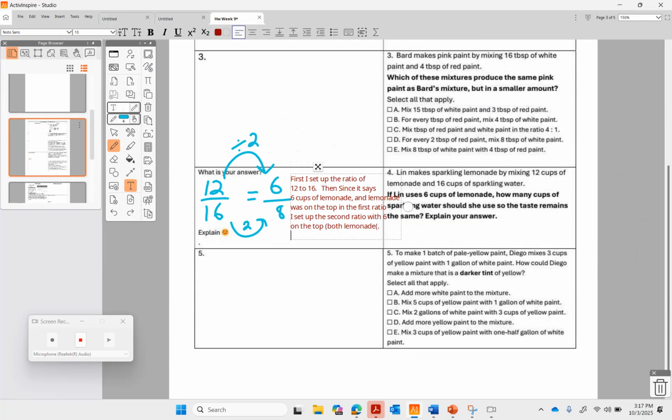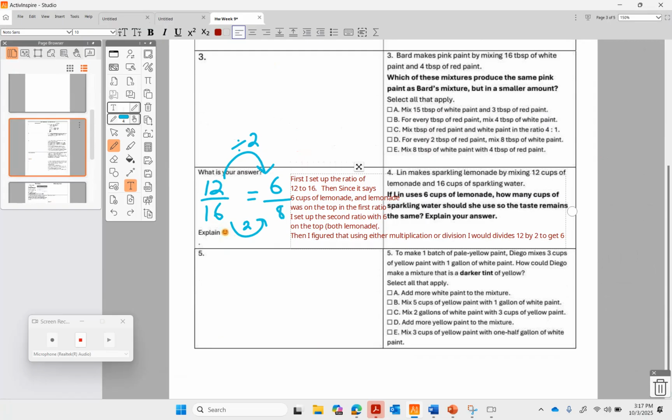Then I figured that, so remember I have to use either multiplication or division, I would divide 12 by 2 to get 6.